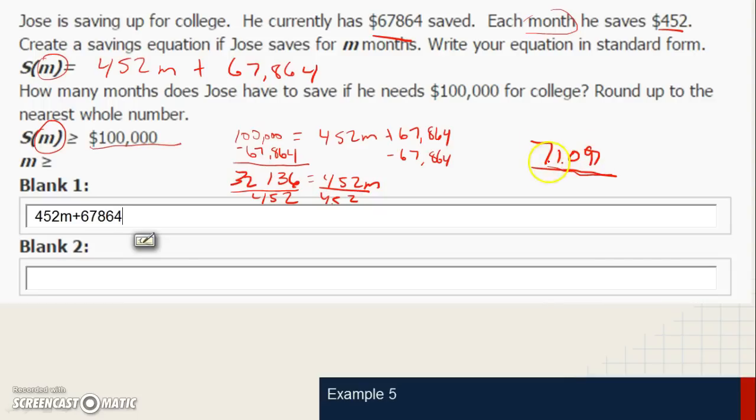So in order for me to save $100,000, I need to save at least 72 months. So this asks me to round up to the nearest whole number. I need to save at least 72 months to have $100,000, because at 71 months, I'm not there yet. At 72 months, I'll have more than $100,000, but at 71 months, I don't have it. So I'm going to round up to the nearest whole number, 72 months.